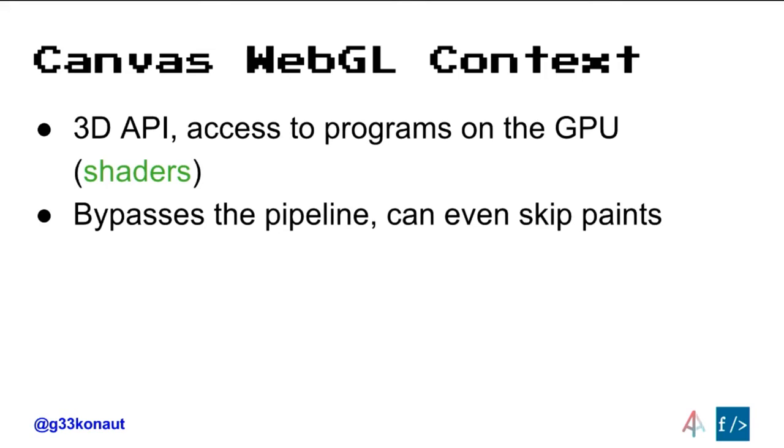With WebGL, you get to write programs that do the compositing for you. So basically, you write code that runs on the graphics card. Not in JavaScript, though. But hey, it's pretty cool anyways. So this bypasses the entire pipeline, whereas Canvas 2D only bypasses basically the layout step, really.